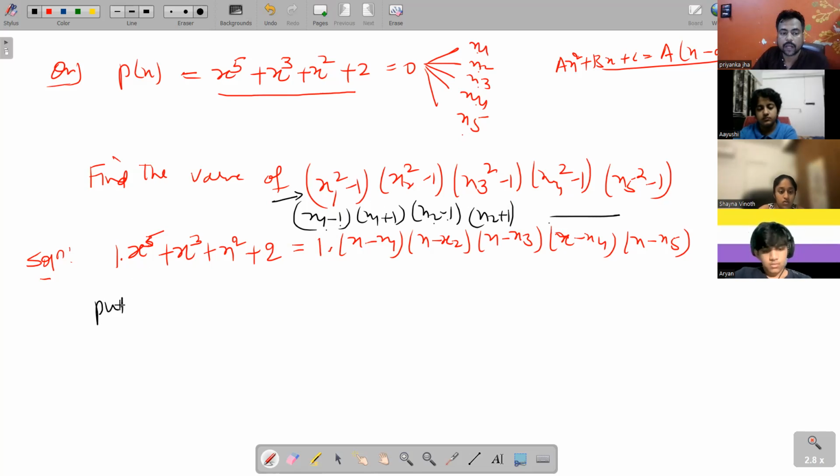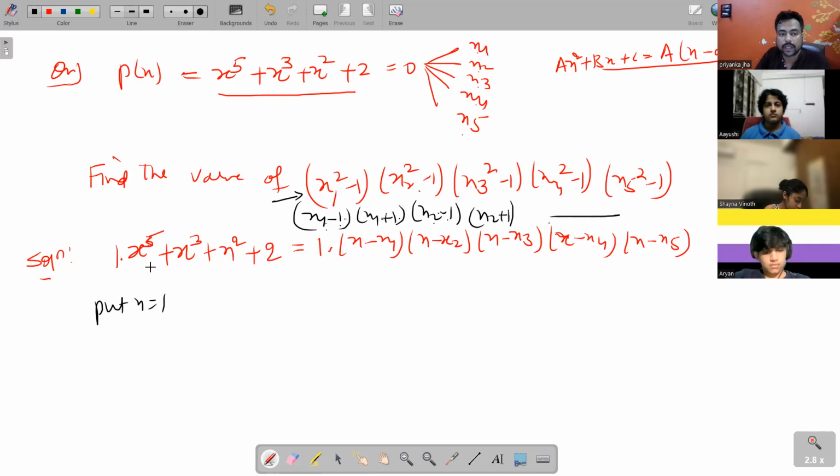So in this equation, I'll put x equal to 1. Can you say that again, sir? In easy terms, this can be written as a square minus b square, so a minus b into a plus b. Again, a minus b into a plus b. So you have to make this kind of term here.